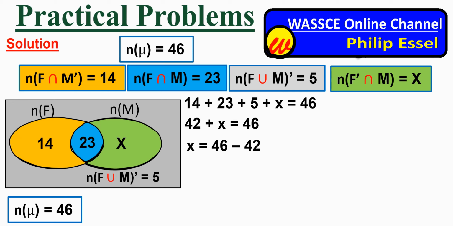So x equals 4. Since x represents the number of students who passed only mathematics, we can therefore say that the number of students who passed only mathematics is 4 students.